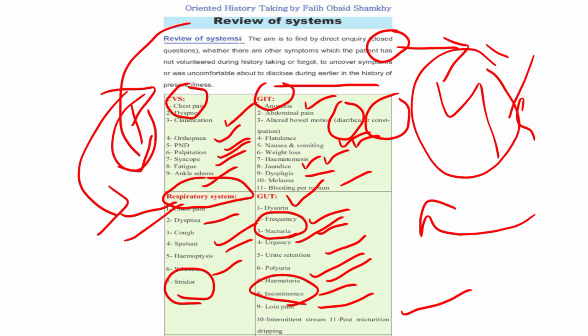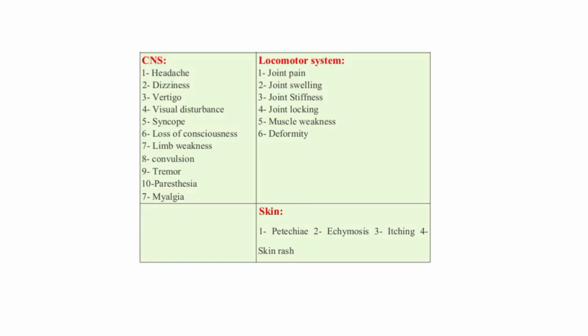These are all the complaints that come in the genitourinary system. These are the systemic reviews: cardiovascular system, respiratory system, GIT and GUT.